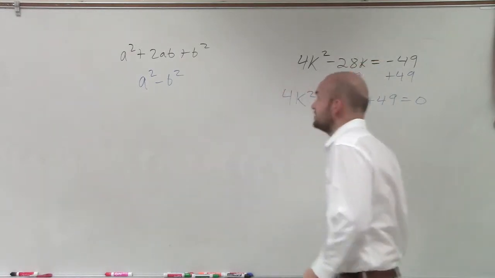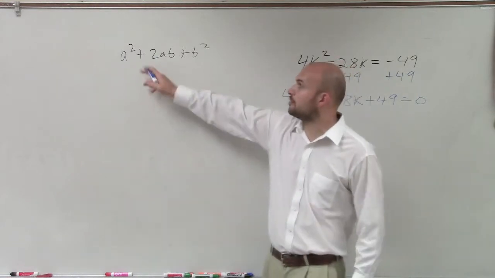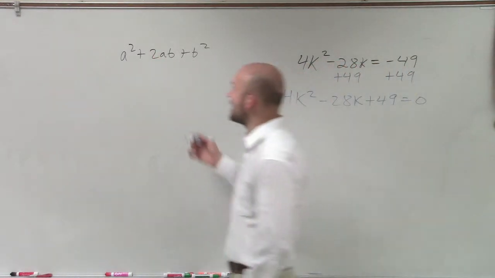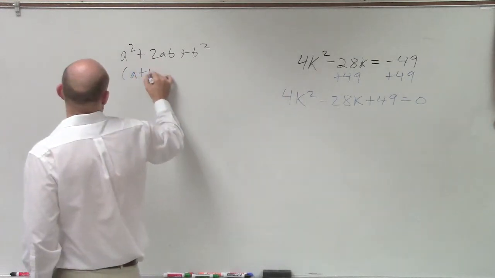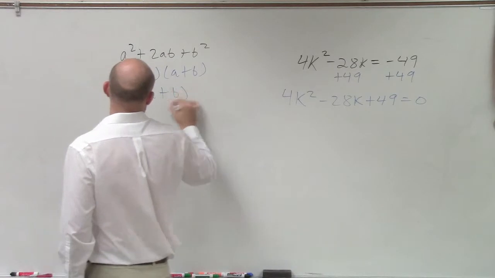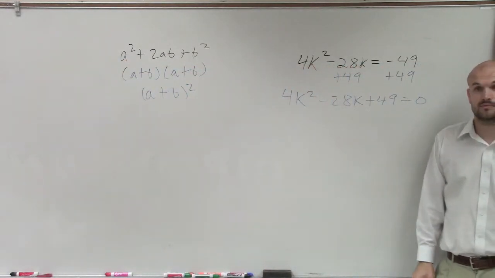So what is the special factoring technique then? If I have an equation in the form of a squared plus 2ab plus b squared, that can be factored into a plus b times a plus b, which can also be written as a plus b squared. That's pretty cool, all right?